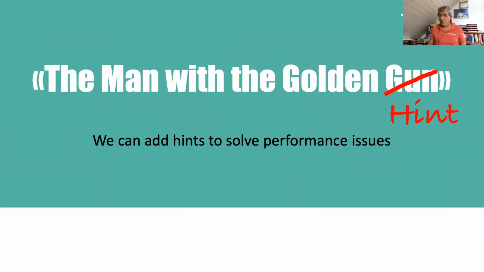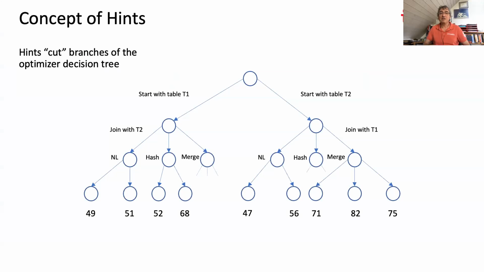The concept of hints means that we tell the optimizer with some special comments which execution plan should be executed. But actually, if we add a hint, for example, an index hint to tell the optimizer to use this index, that's not really the truth. We don't tell the optimizer to use this index, but what we do is we forbid him to do something else.